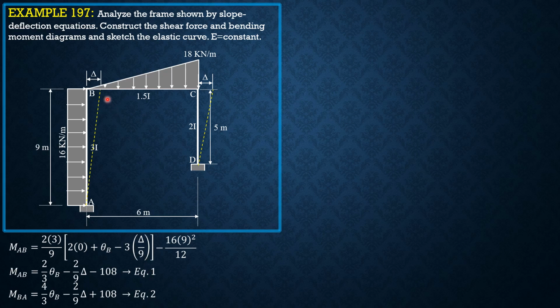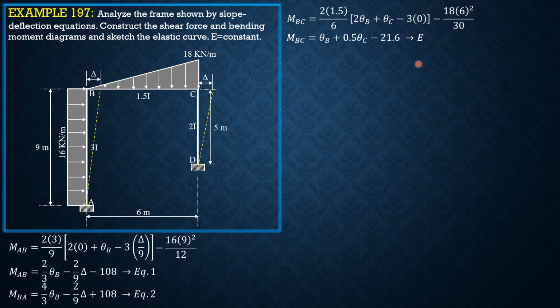Then MBC equals 2 times 1.5 over 6, quantity 2 theta B plus theta C minus 3 times 0. There's no side sway displacement for this horizontal beam BC. It is just horizontal, minus WL square over 30, minus 18 times 6 square over 30. So simplifying, MBC is equal to theta B plus 0.5 theta C, then minus 21.6.